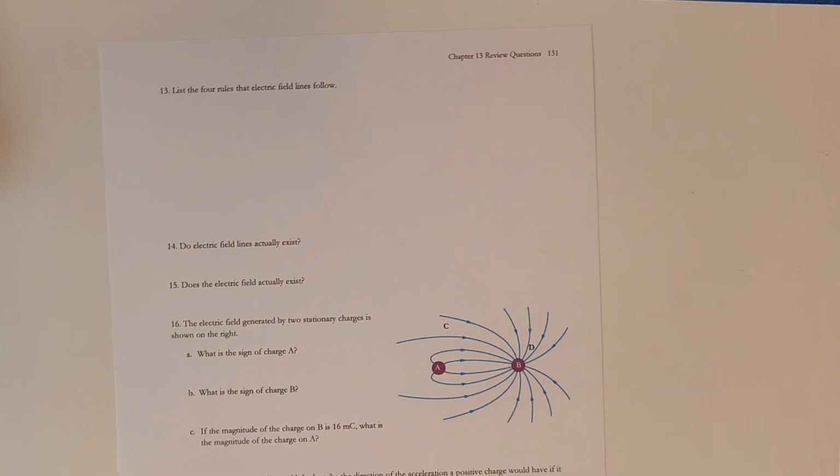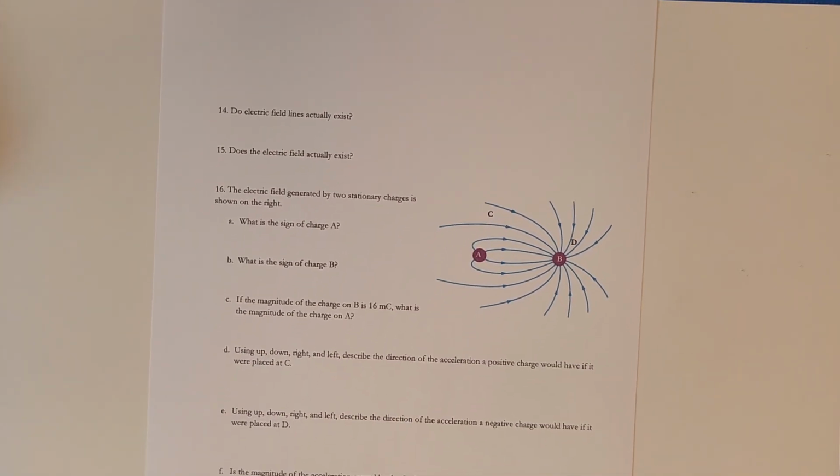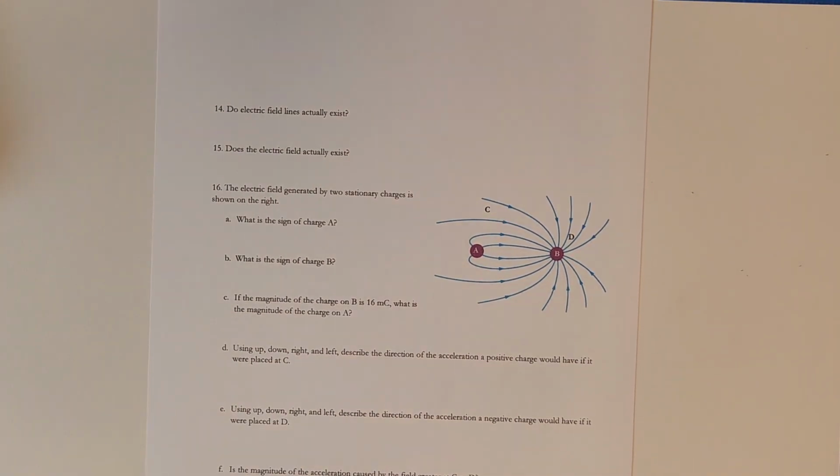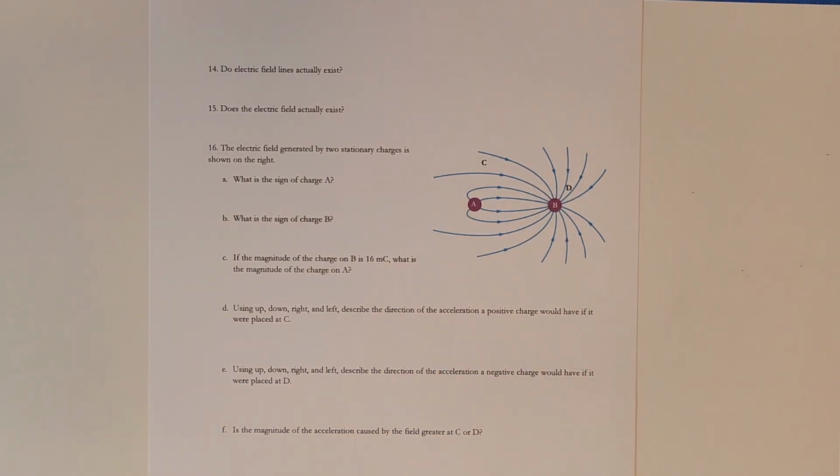For question 14, do electric field lines actually exist? And that answer is no. They're useful in visualizing the field, but they're not real. Question 15, does the electric field actually exist? And of course, that answer is yes. That's what we demonstrated in experiment 13.2 for this chapter.